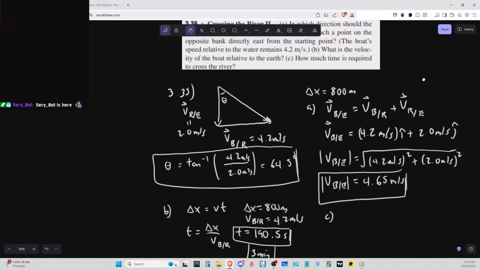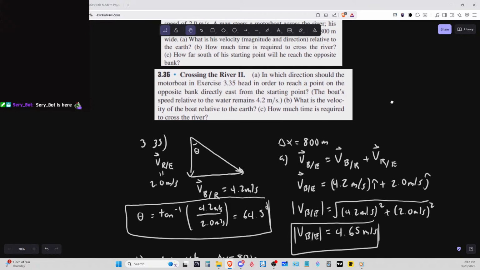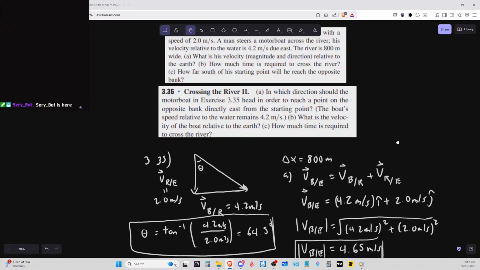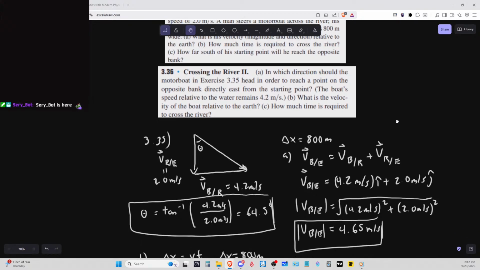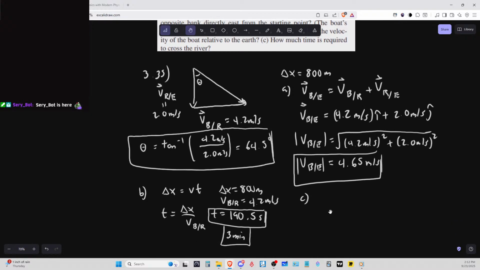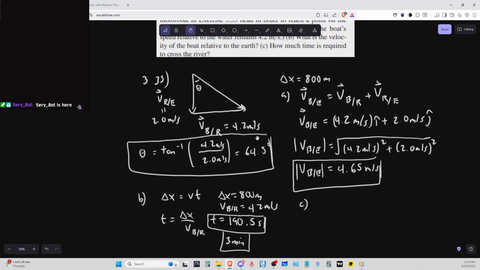Okay, so this one I don't remember that well, so I think we got the amount of seconds, so I think we have to take the velocity of the river into account.